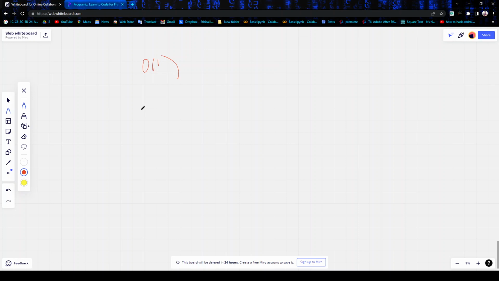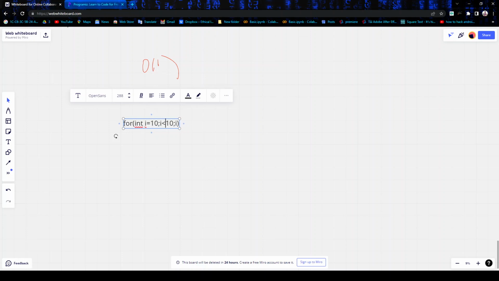And suppose a for loop has a statement like this: for int i = 10, i is greater than or equal to 0, and i = i / 2.